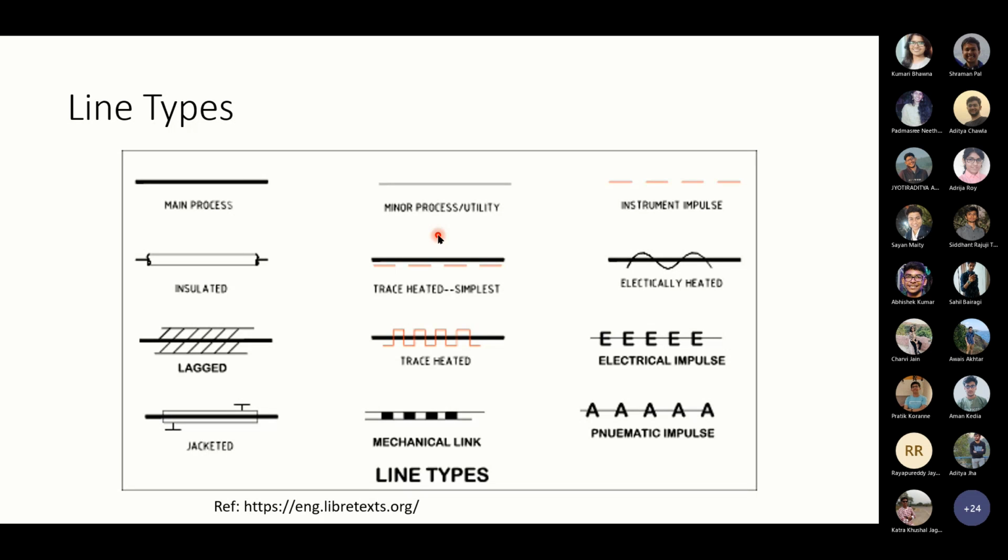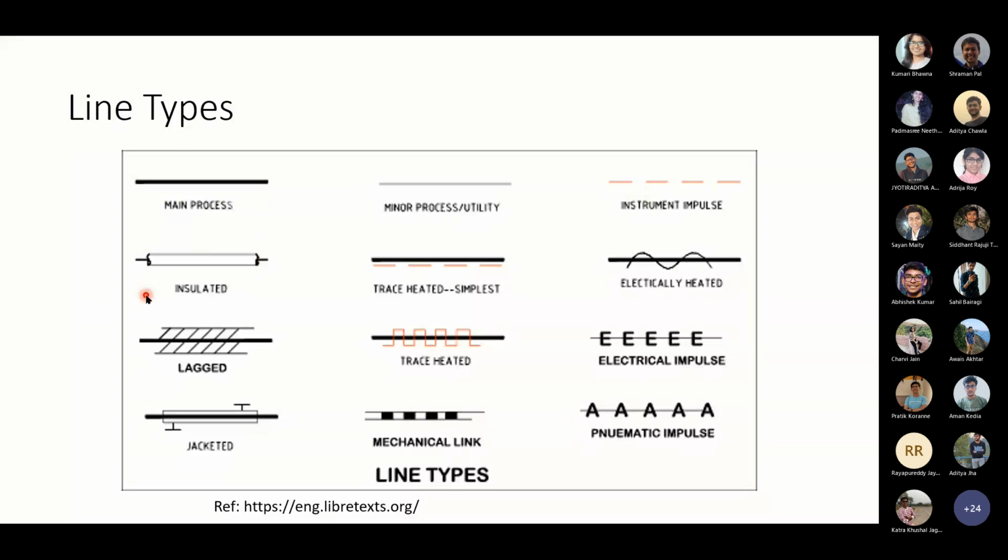If a utility line is coming, let's say they're taking water from somewhere and introducing it into this process industry, they will show that utility line with a gray color, a very light color line. If we are giving any impulse, either impulse heating or impulse input, the instrument impulse, it will be shown with a dotted red line. The dotted red line.